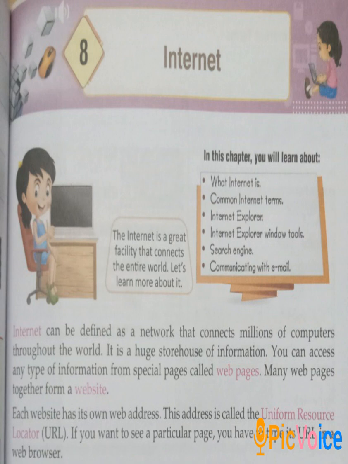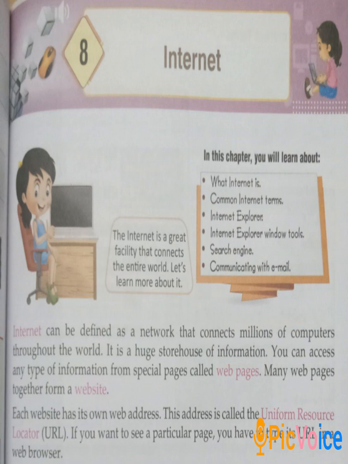Internet. Internet can be defined as a network that connects millions of computers throughout the world. It is a huge storehouse of information. You can access any type of information from special pages called web pages. Many web pages together form a website.